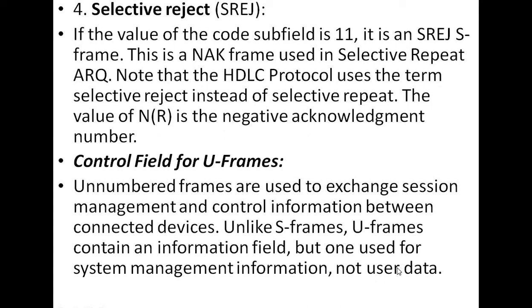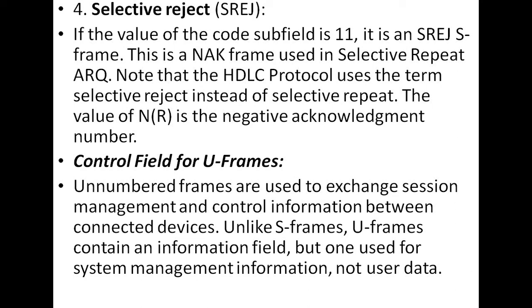Another important point: U frame codes are divided into two sections, the P/F bit and the suffix after the P/F bit. Together these two sections can be used to create up to 32 different types of U frames.